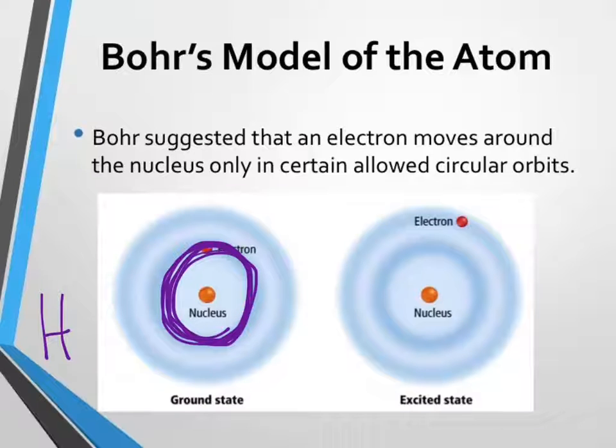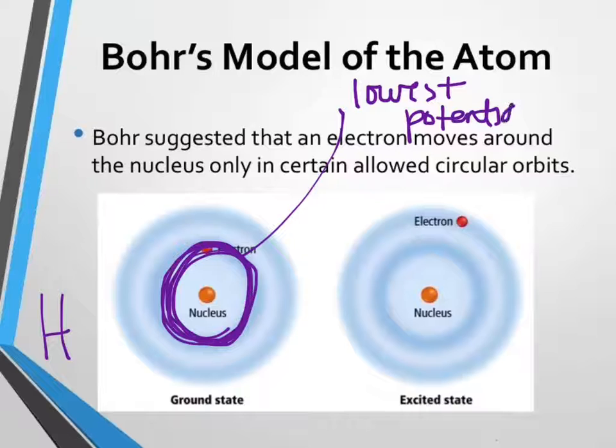Then there are two different types of states that an electron can be in. It can be in an excited state or a ground state. A ground state is going to be the lowest potential energy, its lowest amount of energy. And then it's going to move to an excited state.